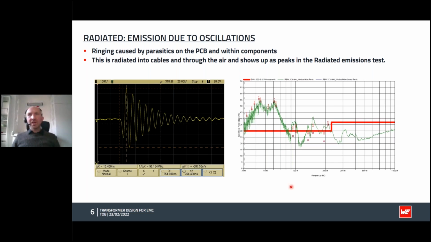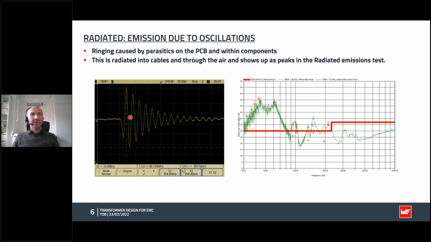So the radiated plot starts at 30 megahertz and goes all the way up to 1 gigahertz in this case. And we can see there's always some peaks and troughs in there. Anywhere where we have peaks, you can usually analyze the circuit at those turn on and turn off, and we can often find the actual frequencies of the noise there.